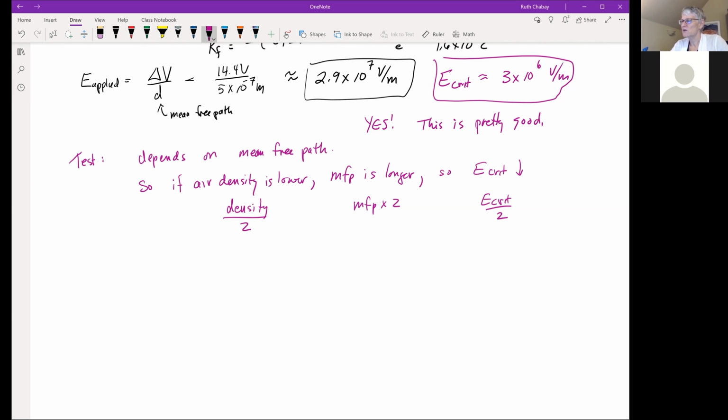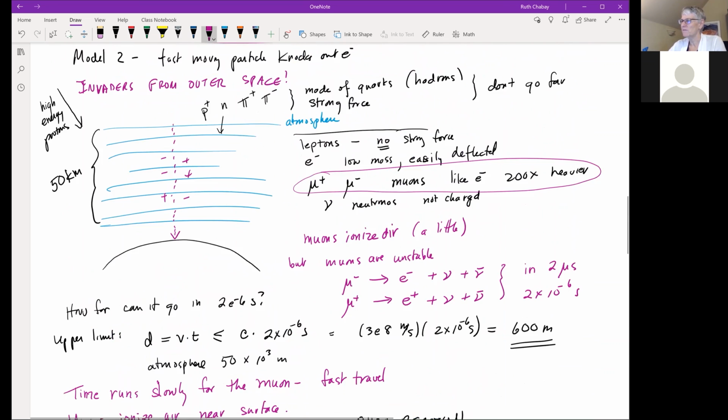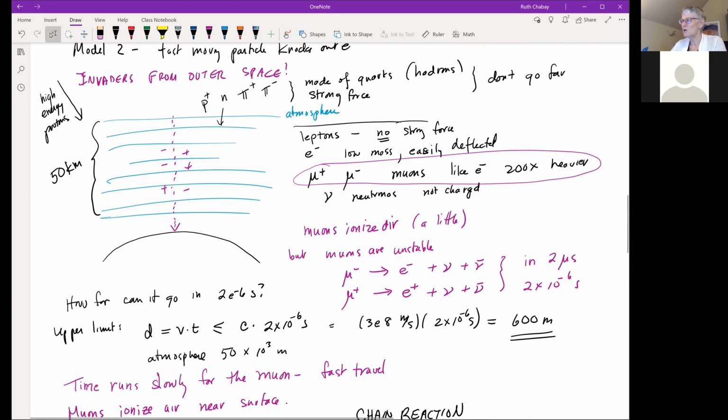So it looks like this is a pretty good model, and we've put it all together. We have our invaders from outer space, our muons generated by high energy protons hitting the atmosphere, which travel fast enough that somehow they magically live long enough by the magic of special relativity, with time flowing more slowly in their reference frame, so they don't think they're aging as much.